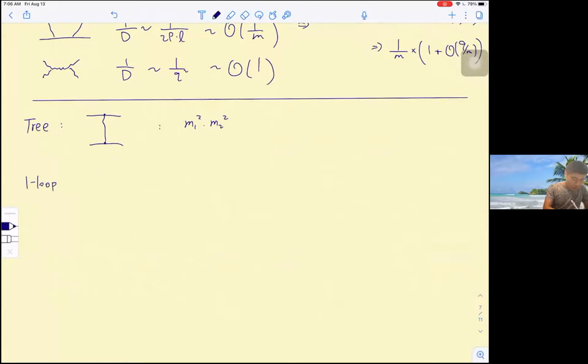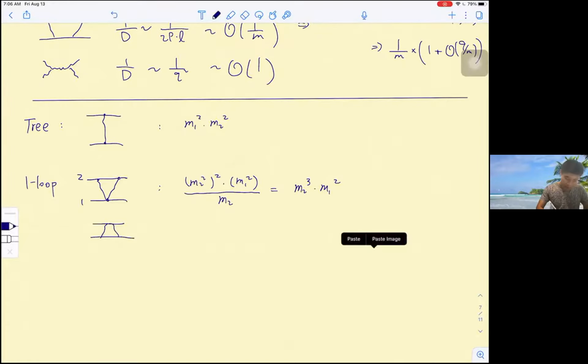For one loop, I have this leading triangle diagram, with two m2 vertices and one vertex on m1, and I also have a propagator on particle 2. So the overall scaling gives me m2 q on m1 squared. And likewise, when I flip the triangle, I get something like m1 q m2 squared.